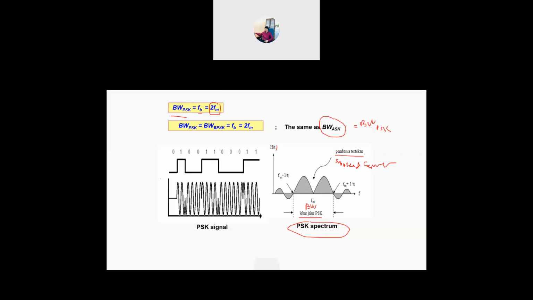So this is what we studied in the previous slide just now. If 1 changes to 0, it's supposed to continue, right? But because there is a change in bit, we see what will happen next. So 1 changes to 0, it's going to have a phase shift of 180 degrees. That's why cos omega c t minus 1 gives your EC negative, right?